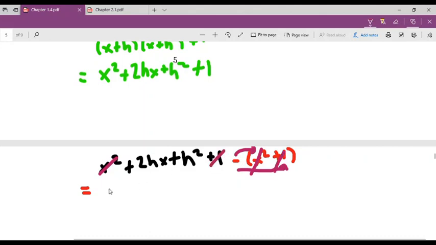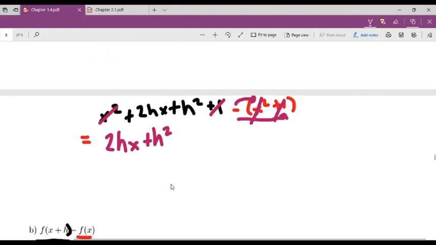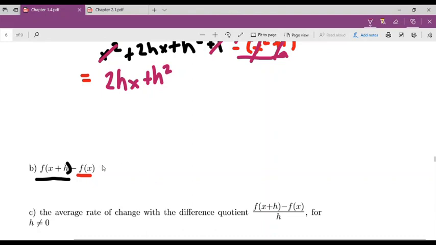So really all I'm left with is 2hx plus h squared. Okay, so that is what this is equal to in B.